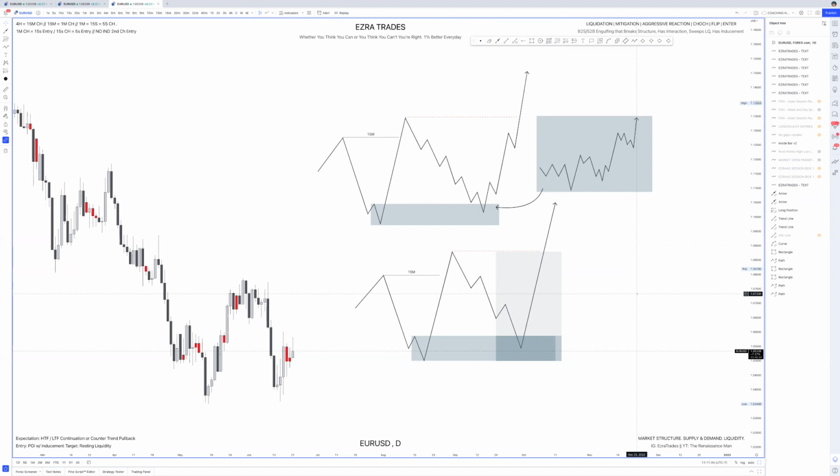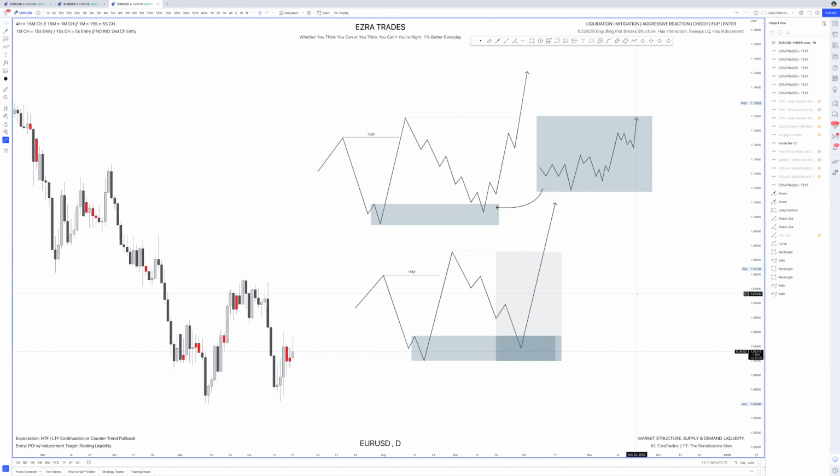And if all else makes sense, for example the POI is strong, it's pro-trend, and the order flow is going to continue, then we can expect a confirmation entry, right?